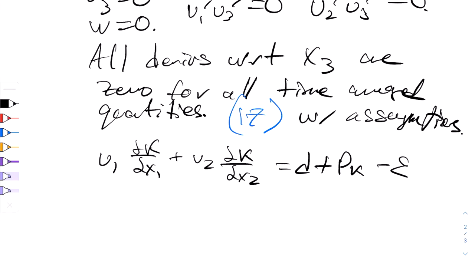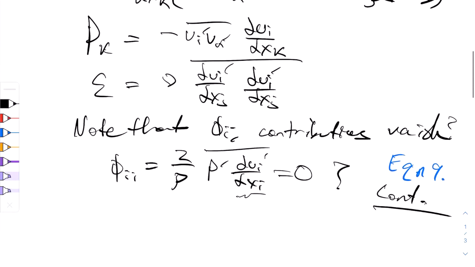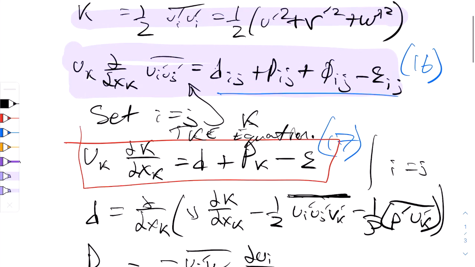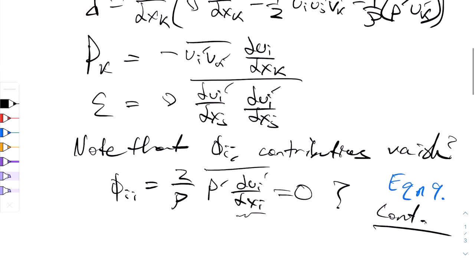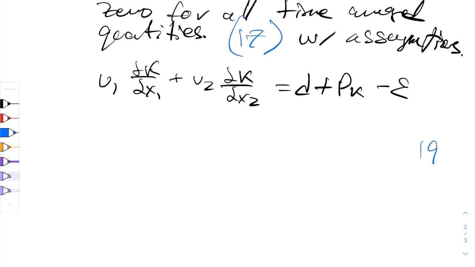And of course here K is nothing but 1/2 the trace of the Reynolds stress tensor, which we defined way up here. I'm going to have to refer to these assumptions again, I'll say these are 18. So for 19, this is equation 19, and I'll make these same assumptions to D and P_k now.